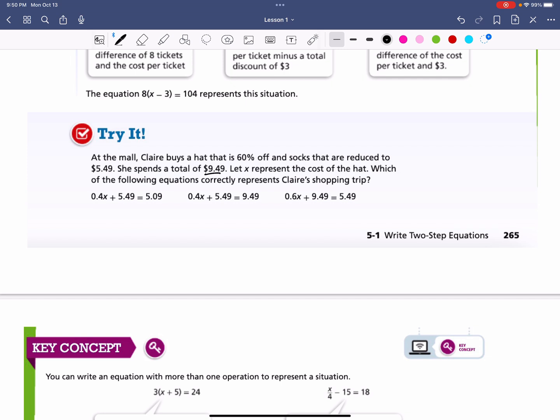So we can already tell which one is correct. But we also need to know that X needs to go with the hat, which she buys at a 60% off. And this isn't a great question because we haven't talked about percents yet. But if it's 60% off, that means she still has to pay 40% for the hat. So that's where they get their 0.4 from.